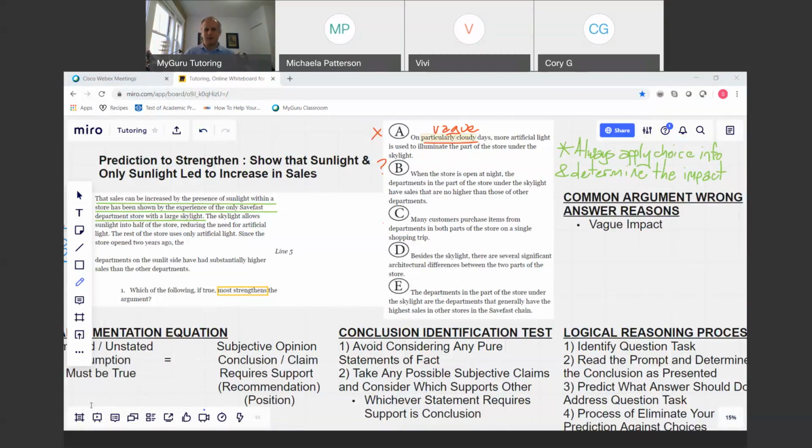So we've got a scenario in our conclusion that says that sales have been increased by the sunlight, right? And choice C says that many customers purchase items from departments in both parts of the store on a single shopping trip. Does C say which more?